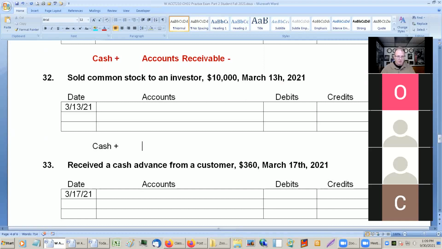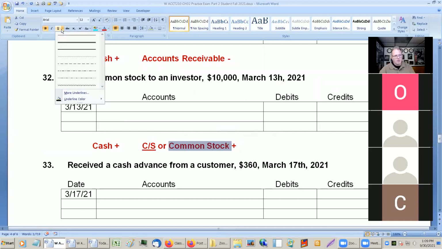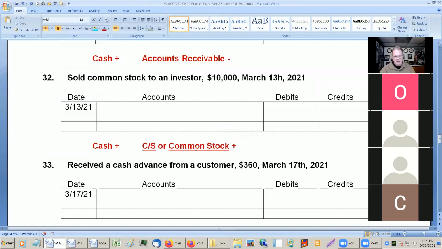It's going to be common stock, and you can abbreviate common stock. That's our common stock going up.